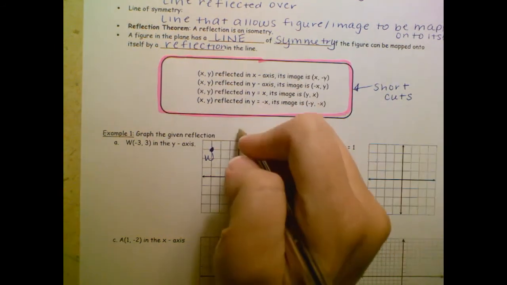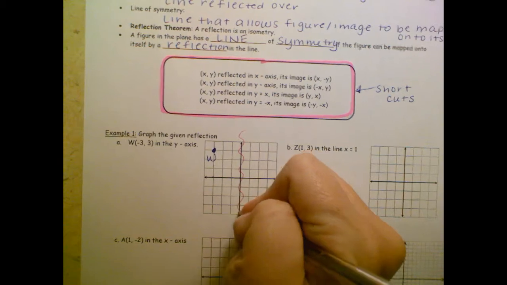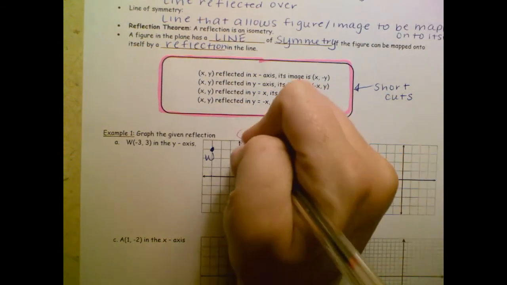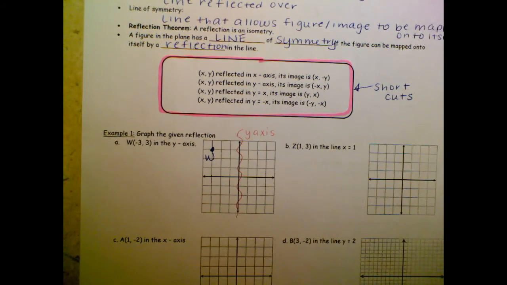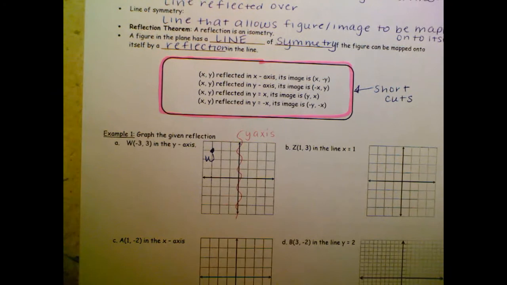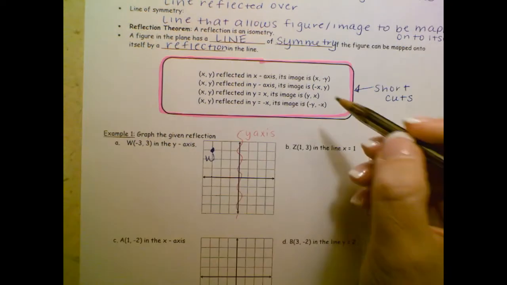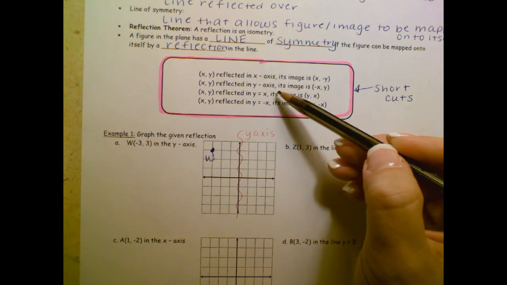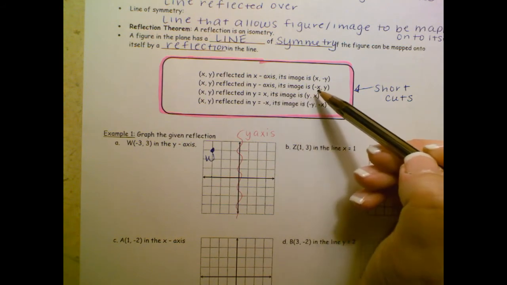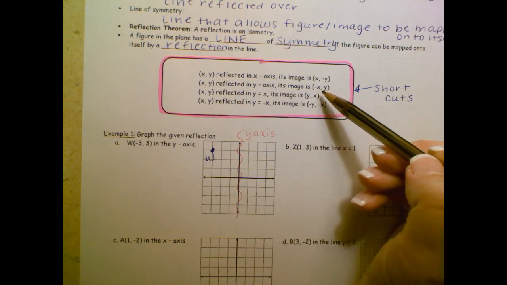So the y-axis is the one that goes up and down. Whenever we are dealing with straight up and down, I can do one of two things. I can either look at my shortcut, so it's reflected over the y-axis, so I'm just going to do the opposite of x and keep y the same.